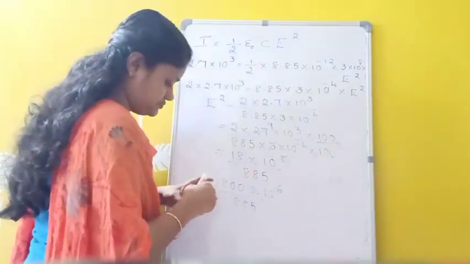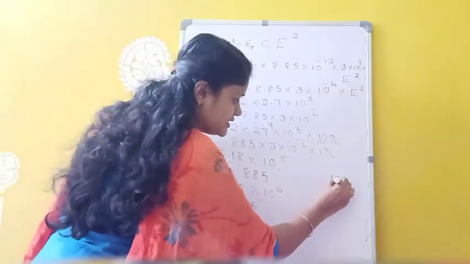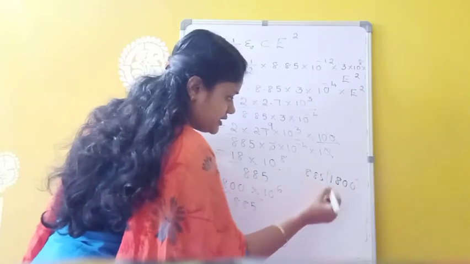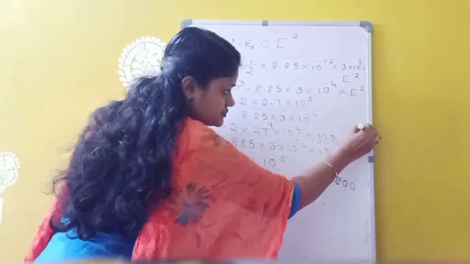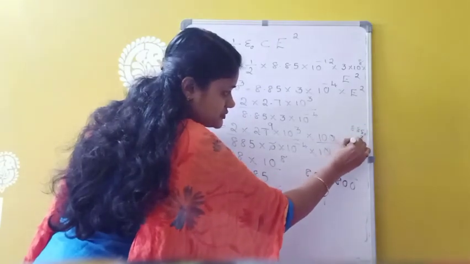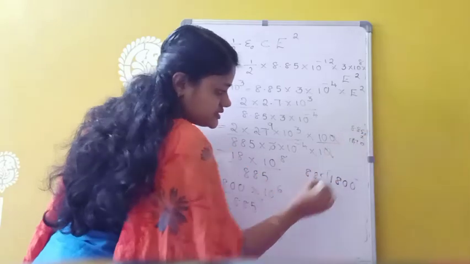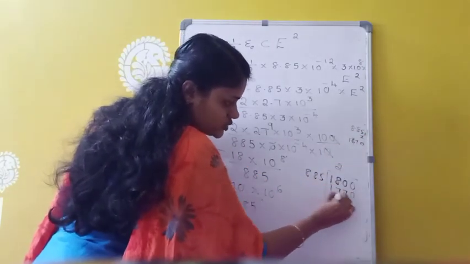1800 divided by 885. We are taking 885 into 2 times, 1770. That means for 2 you will be getting 1770.